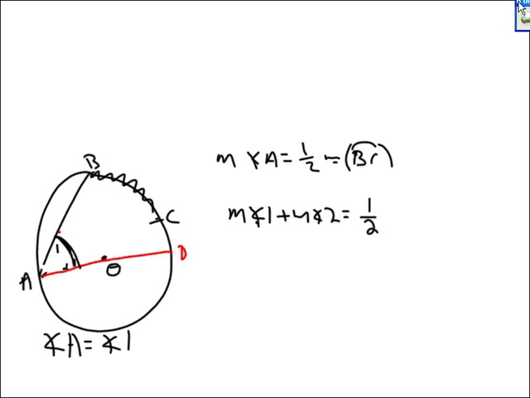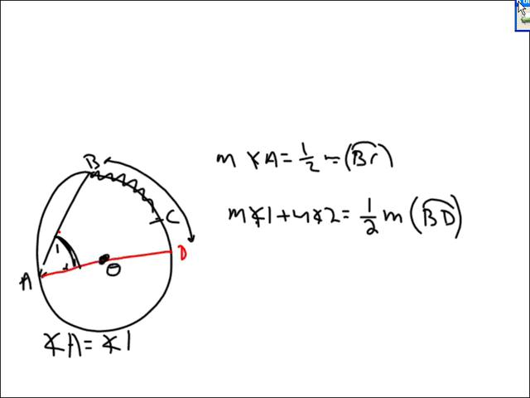Now, since the center is on one of the lines, one of the chords that made up the angle, we can use that initial theorem. This is equal to 1/2 the measure of the arc that angle 1 plus 2 cut off, which is BD.